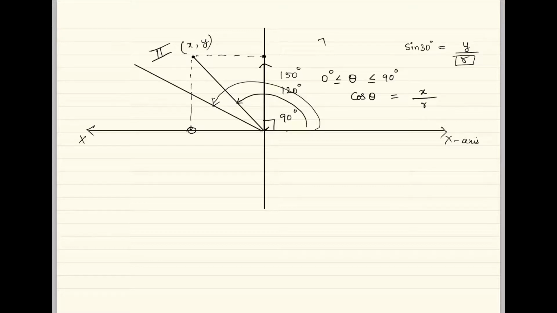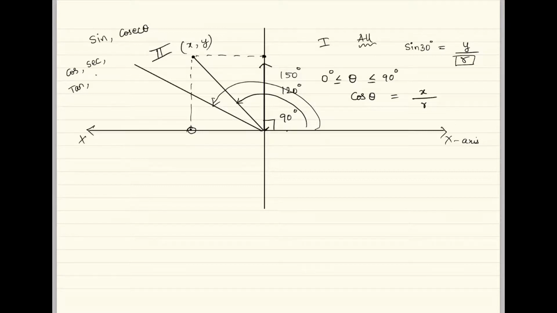So in the first quadrant all the trigonometric ratios will be positive. In the second quadrant, sine will be positive and its reciprocal cosecant theta will be positive. Cos will be negative. If cos is negative, secant is also negative. And if cos is negative and sine is positive, sine by cos, that is tan, will also be negative.